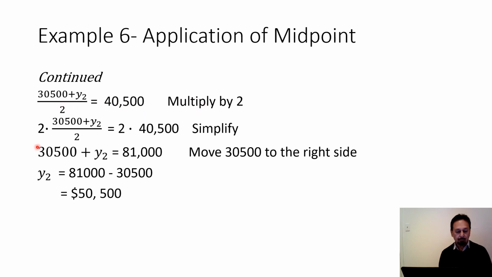Multiply by 2 both sides. Now cancel 2 with 2 and you get 30,500 plus y2. Here we multiply 40,500 with 2, it gives you 81,000. Now move the 30,500 to the right side as minus 30,500. Now subtract, it gives you 50,500, and that's the sales in year 2018.